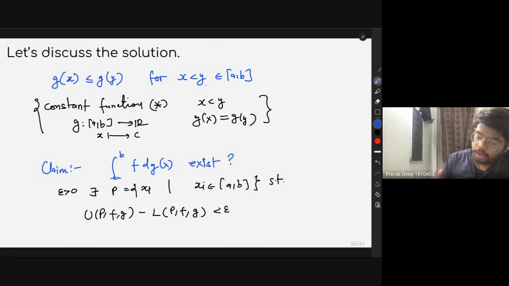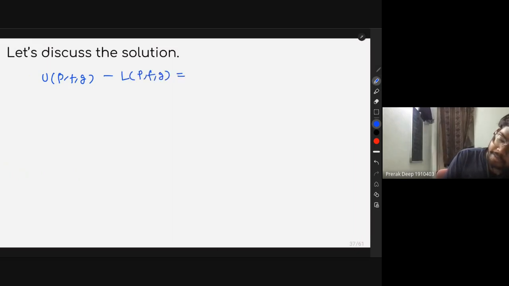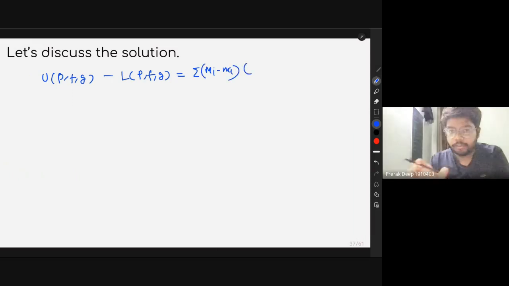Now what is U(f, g) minus L(f, g)? It is nothing but the difference of supremum and infimum times the length of the interval.